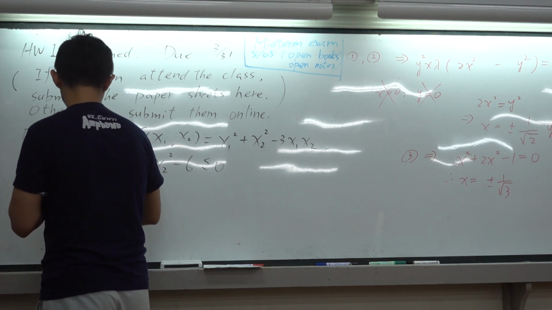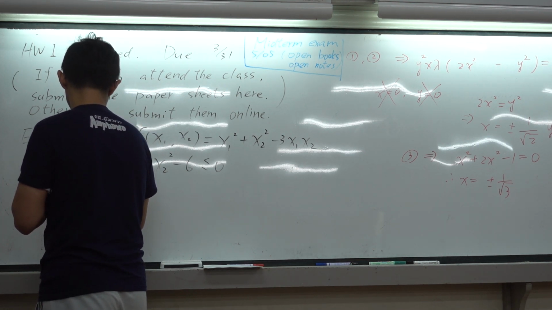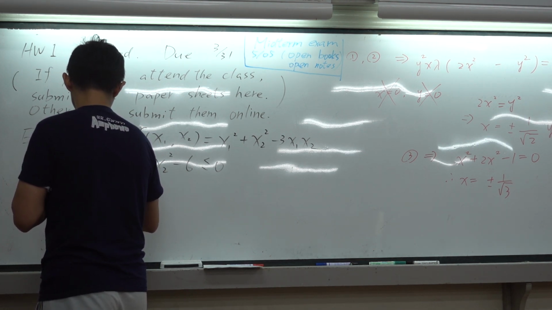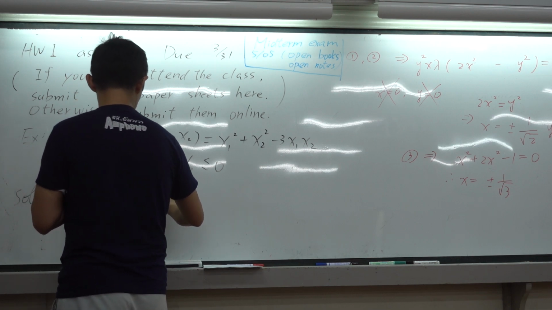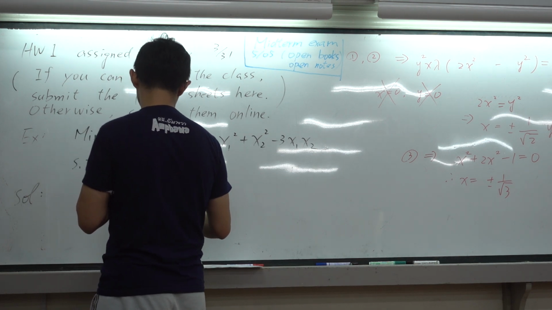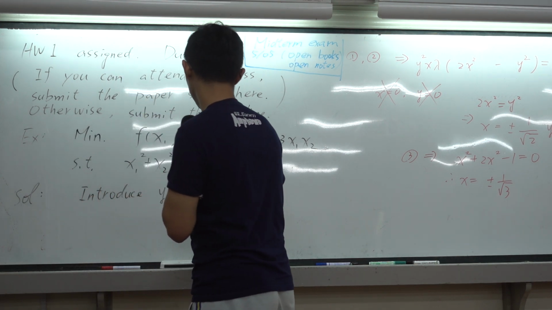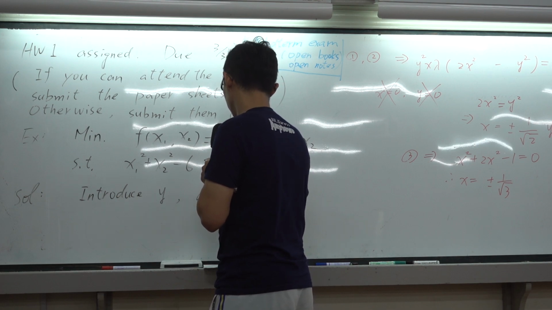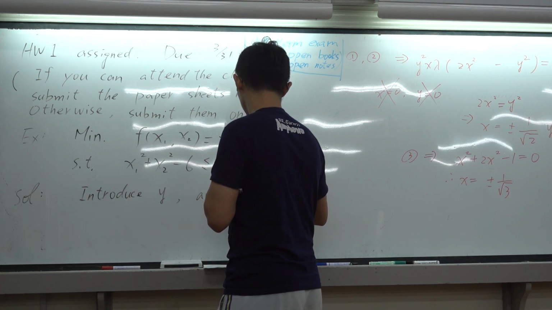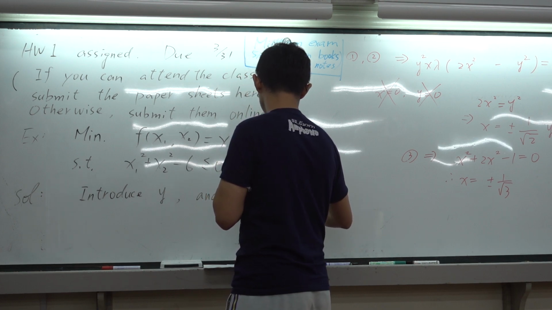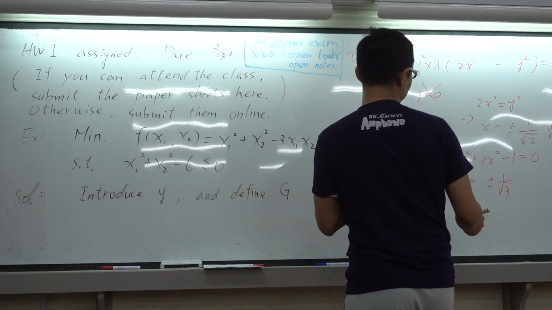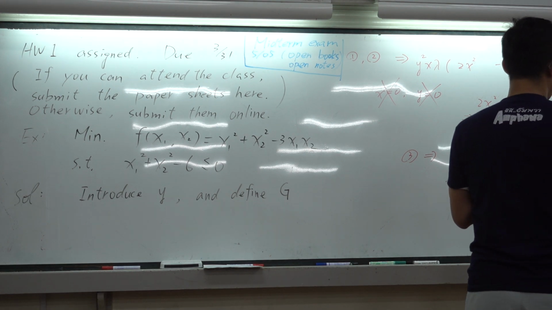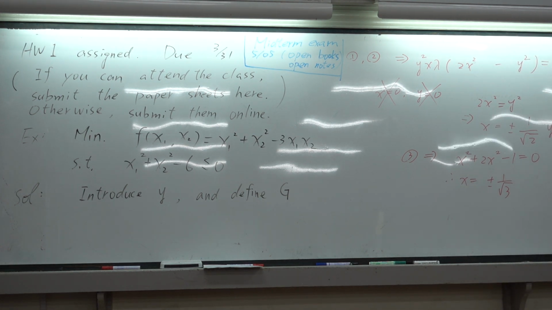So we introduce y. Introduce a new variable y, and define the capital G. Oh wait, this capital G should be a function of x and y.